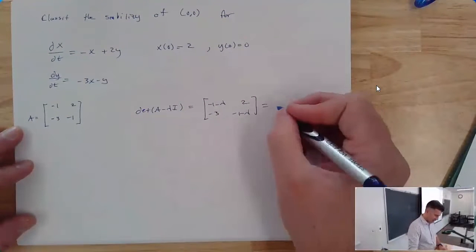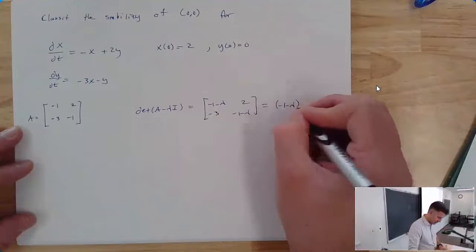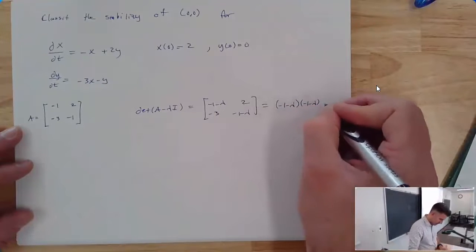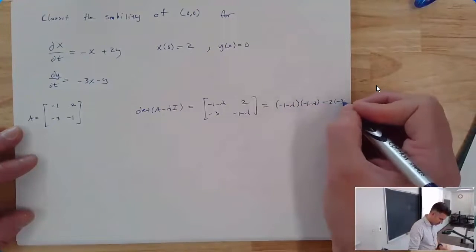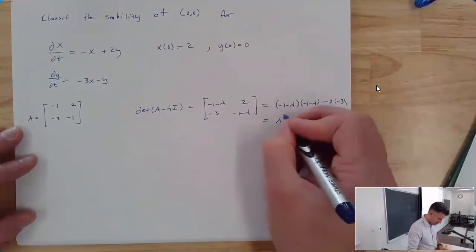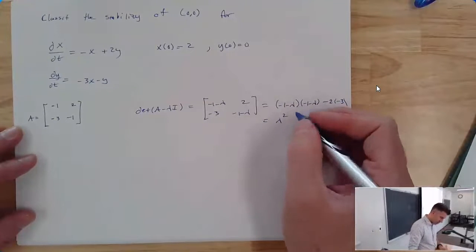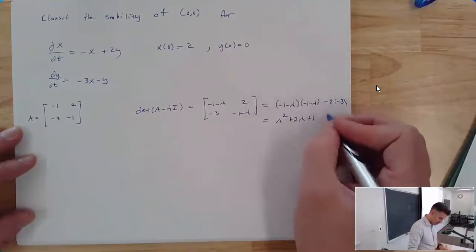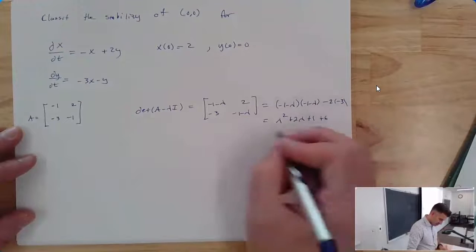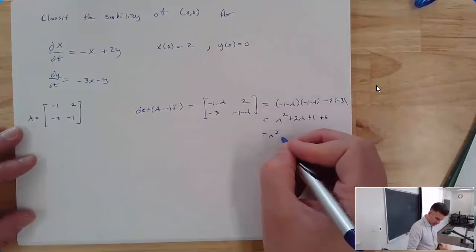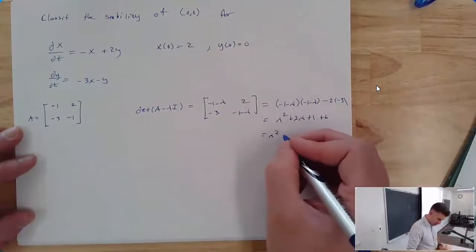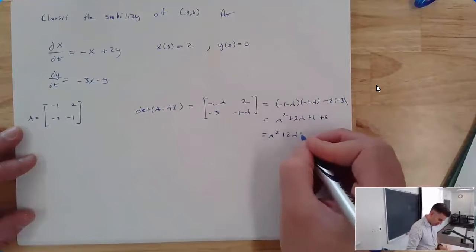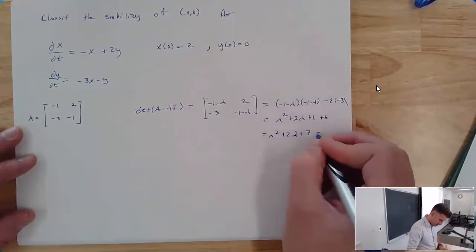We multiply this out: negative 1 minus lambda times negative 1 minus lambda, minus 2 times negative 3, which ends up being lambda squared plus 2 lambda plus 1 plus 6, which is lambda squared plus 2 lambda plus 7 equal to 0.